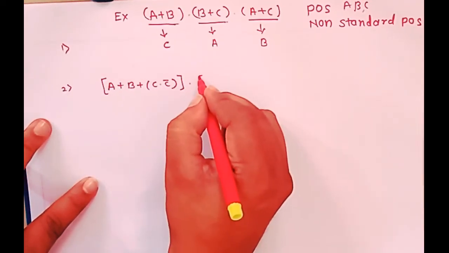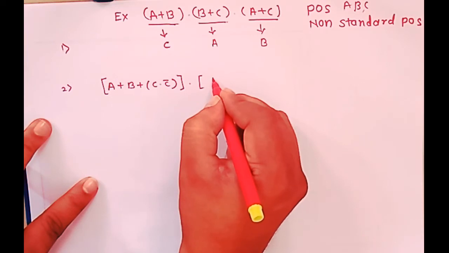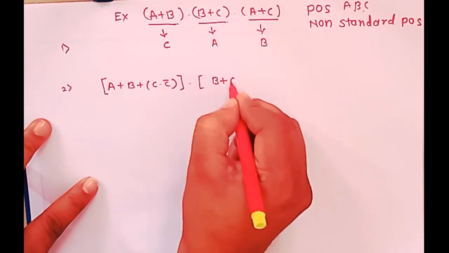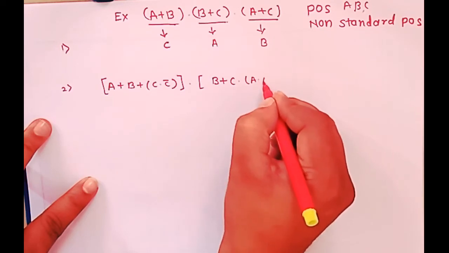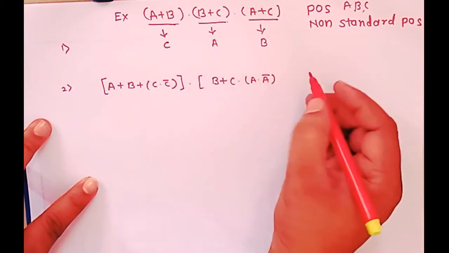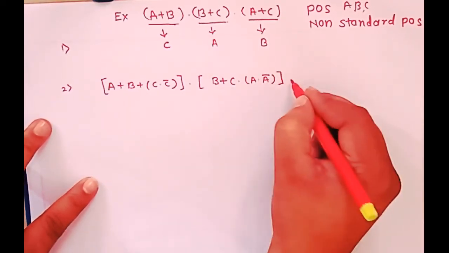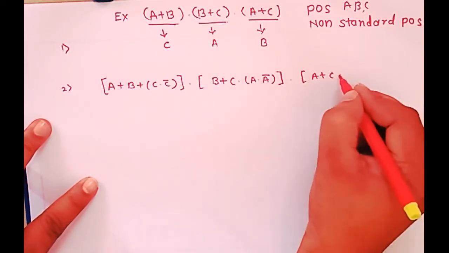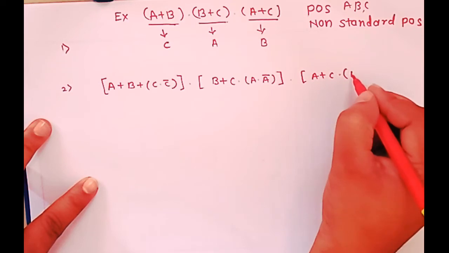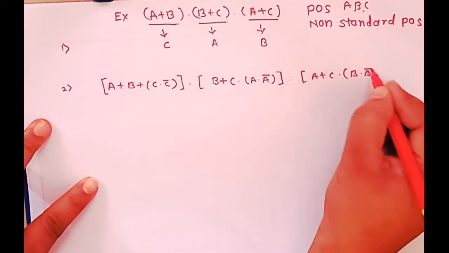Into, the second sum term is b plus c, plus the missing literal a times a bar. And for the third sum term, a plus c, plus its missing literal b times b bar.